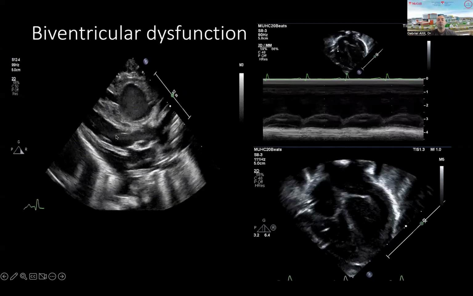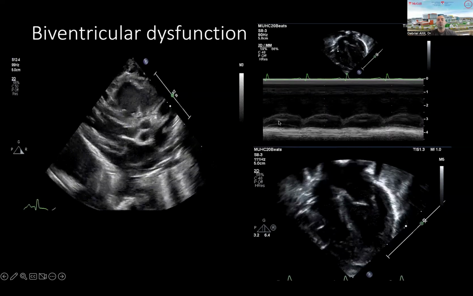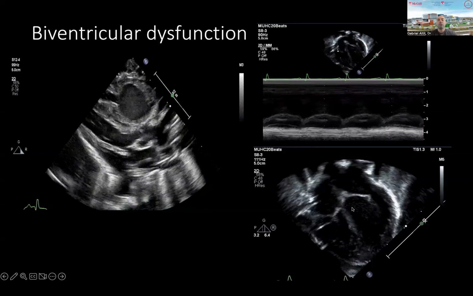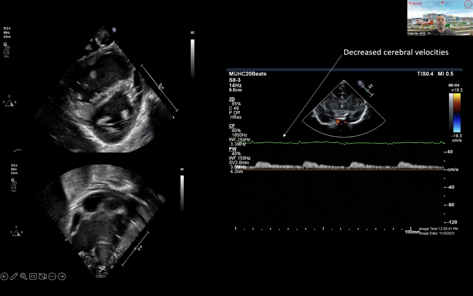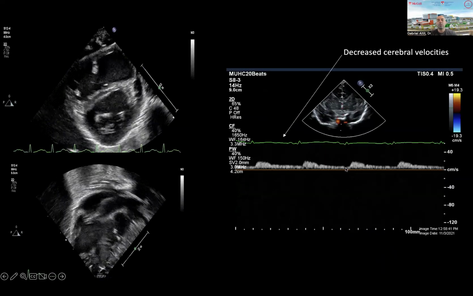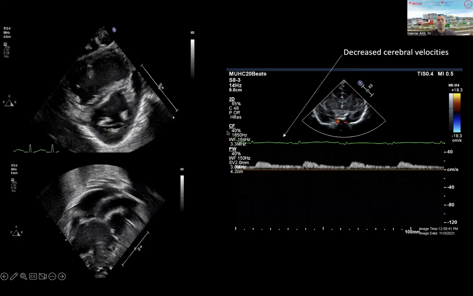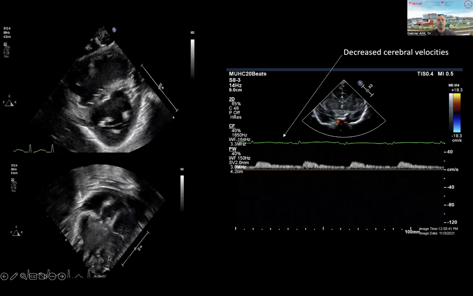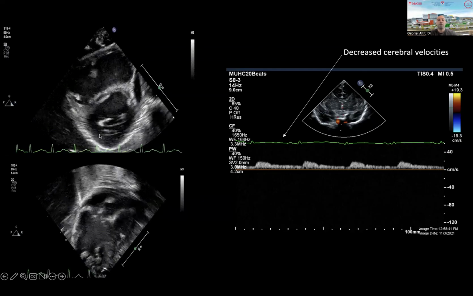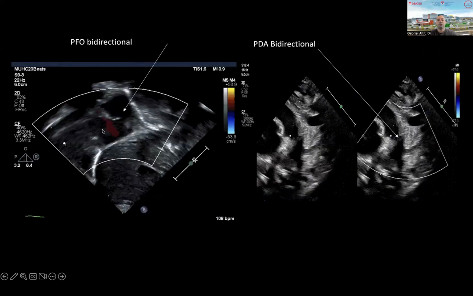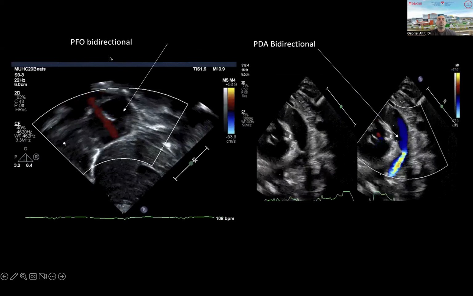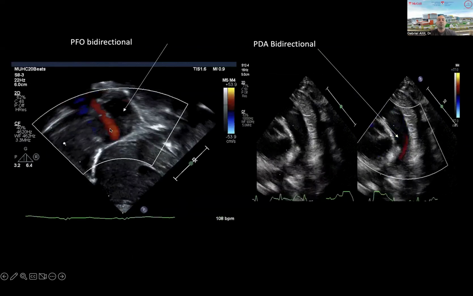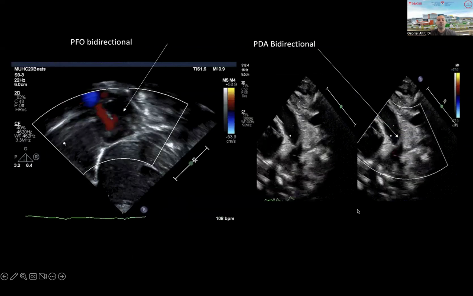This is a case of biventricular dysfunction. So there's reduced RV function, reduced LV function, which is more pronounced. And in this context, we had low perfusion or low velocity of blood flow in the brain. You can see the RV looks stunned here and barely contracting, and the LV also has quite difficulty of contraction. And in this context, you get bidirectional shunt at both the atrial and PDA level.